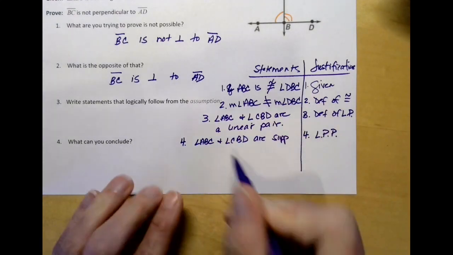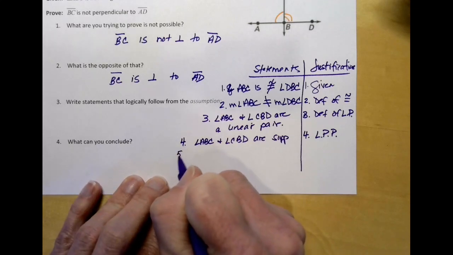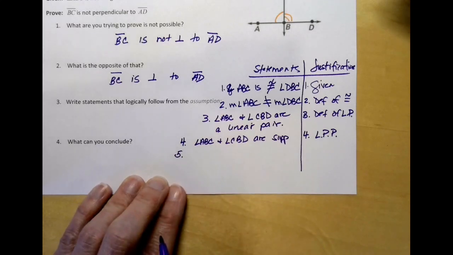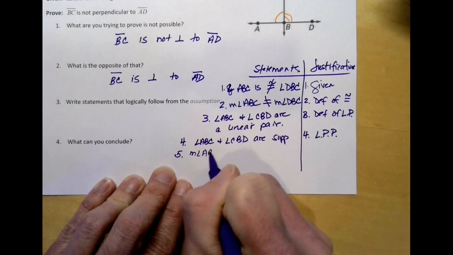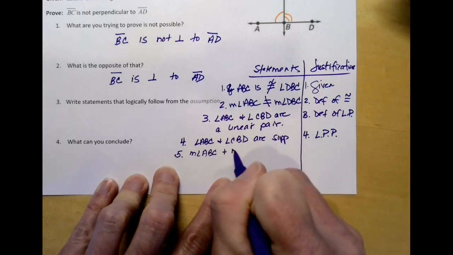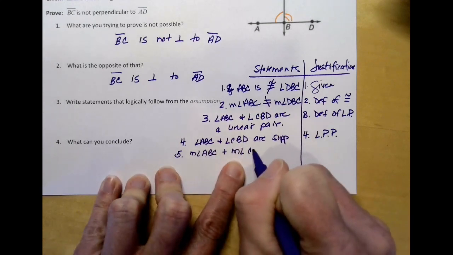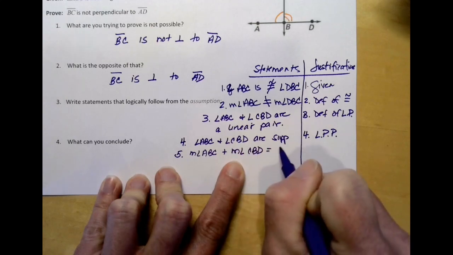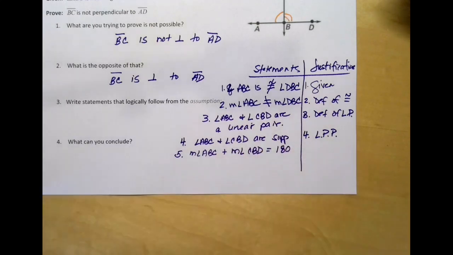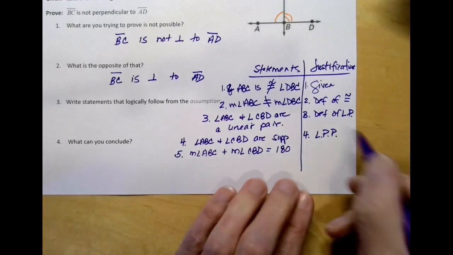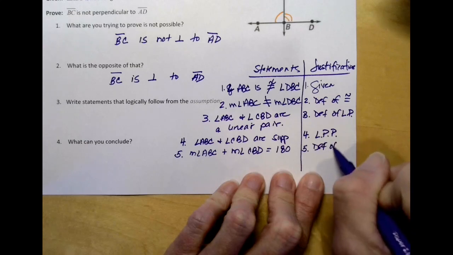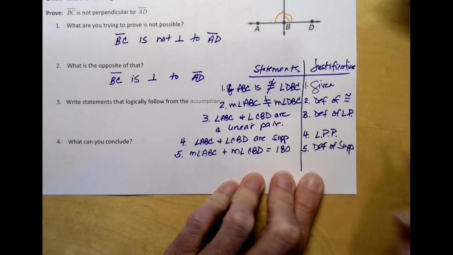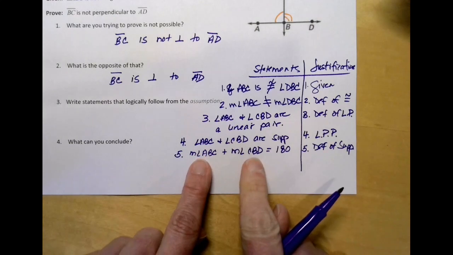So I know they have a sum. They have a sum of, so the measure of angle ABC plus the measure of angle CBD are equal to 180. Okay, and that is my definition of supplementary.